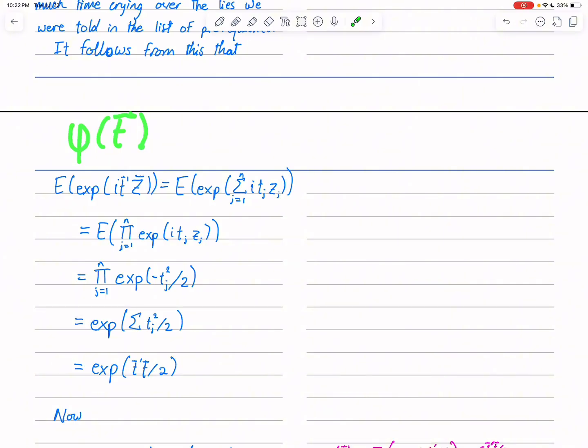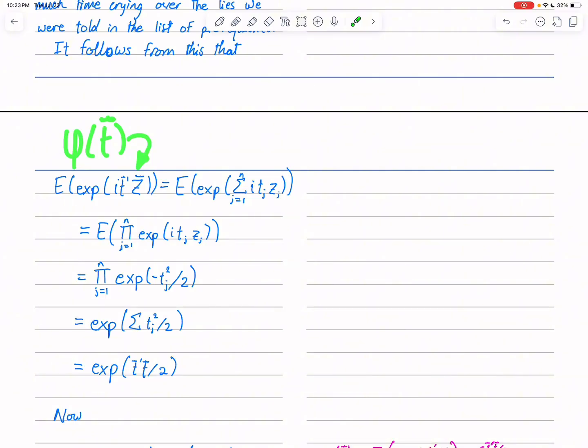And we are going to take it as a premise that if some two functions have the same characteristic function, even in the multivariable case, then therefore they must have the same distribution. Okay, so we're going to start from that, and that phi of t is this thing right here. So we're kind of generalizing everything to the case of vectors.